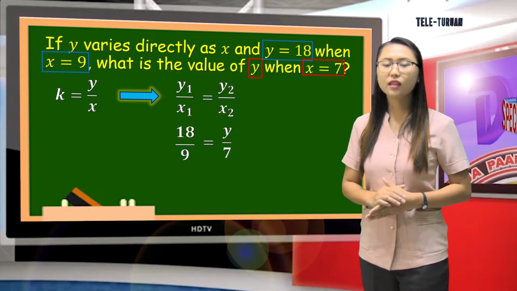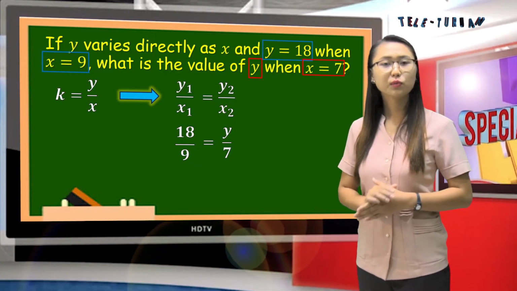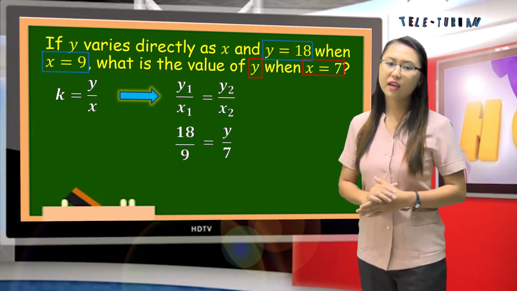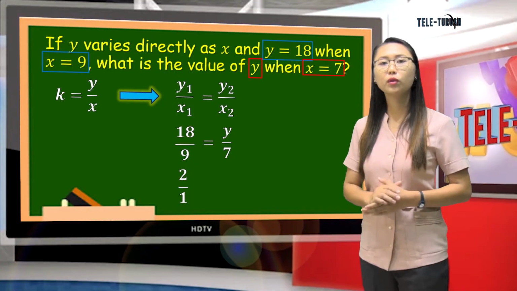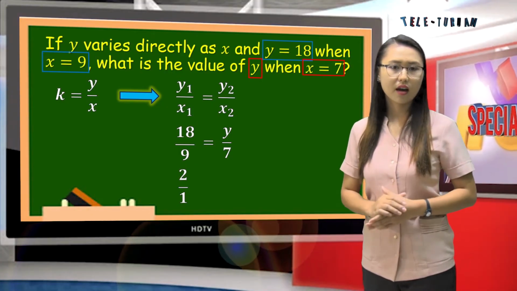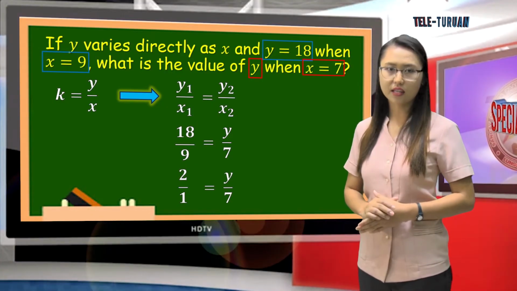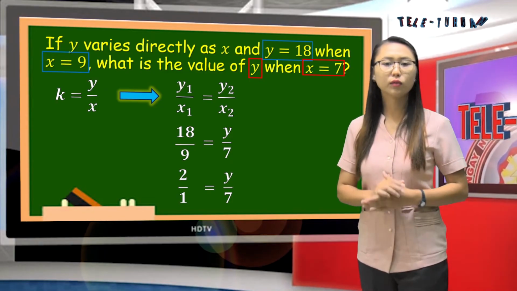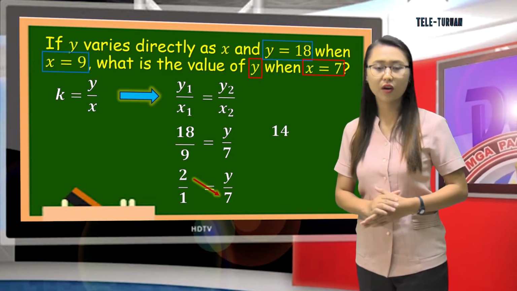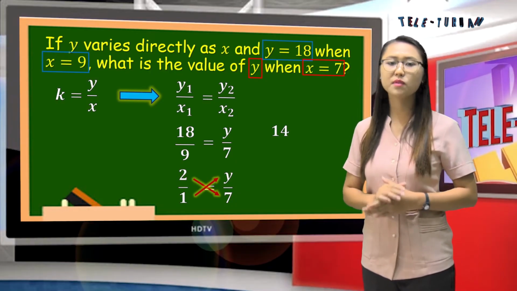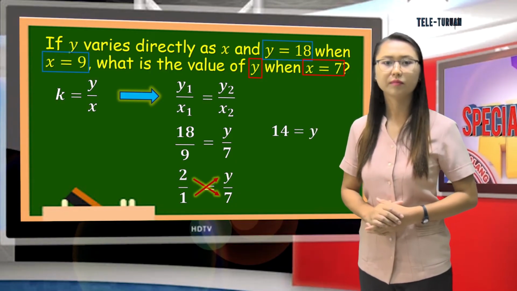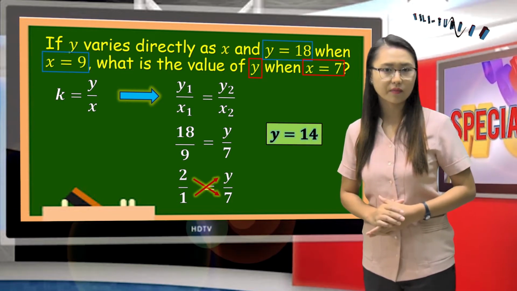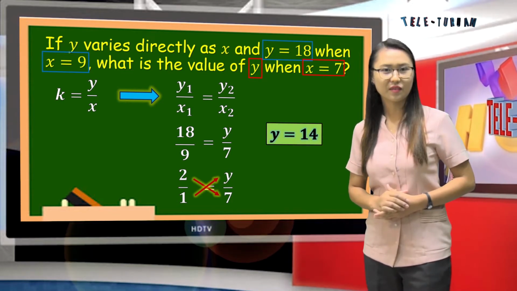We have 18 over 9 equals y over 7. We can simplify 18 over 9, it will become 2 over 1. Then rewrite y over 7. By using the cross multiplication process, 2 times 7 is 14 and y times 1 is y. The value of y is also 14. We got the same answer.